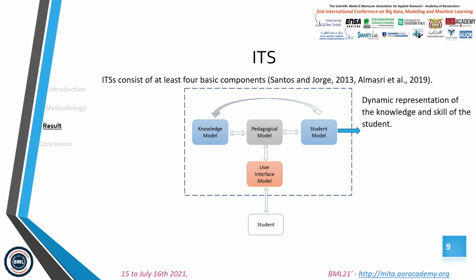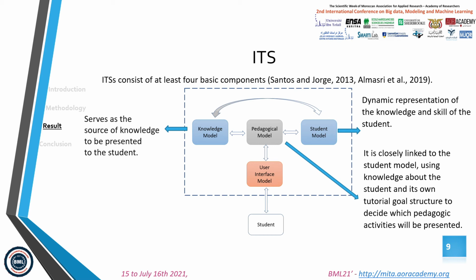There was considerable consensus in the literature that an ITS consists of at least four basic components: the student model, which presents a dynamic picture of the knowledge and skills of students; the knowledge model, which serves as the source of knowledge to be presented to the student; the pedagogical model, which is closely linked to the student model, using knowledge about the student and its own tutorial goal structure to decide which pedagogic activities will be presented; and the user interface model, which allows interaction between the ITS and the student.